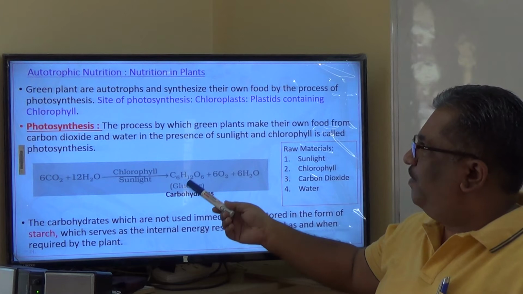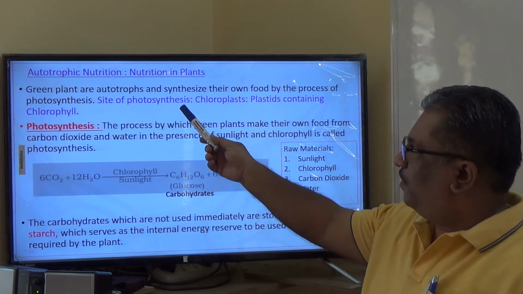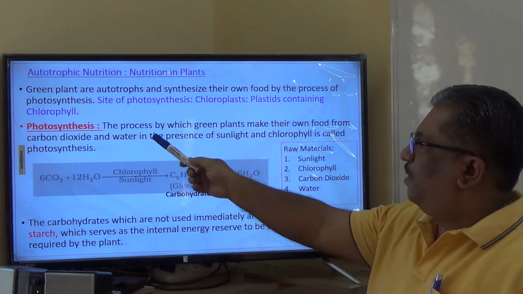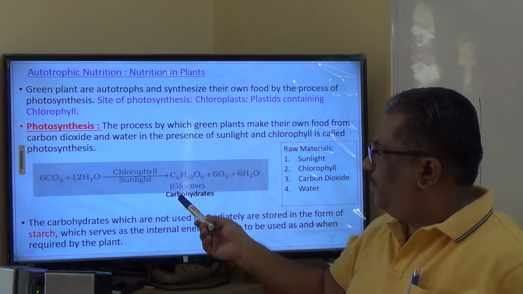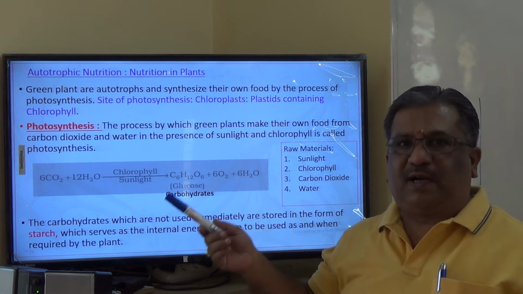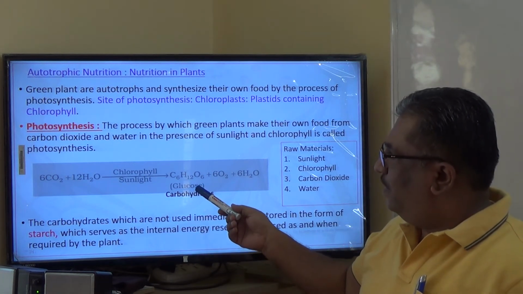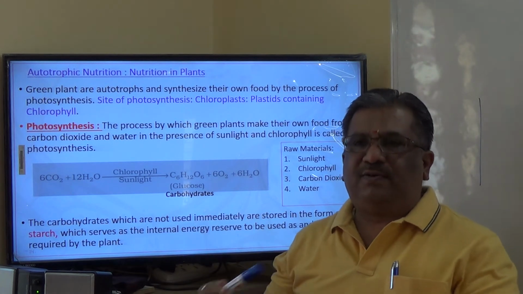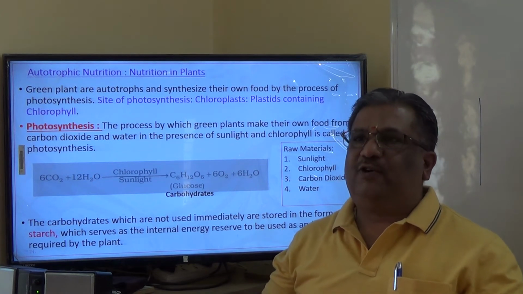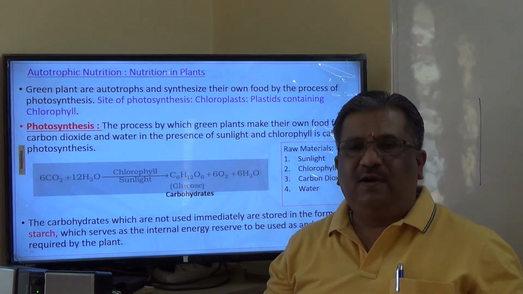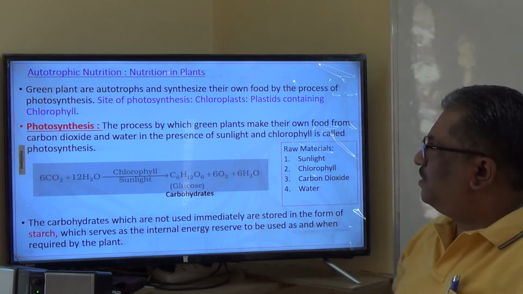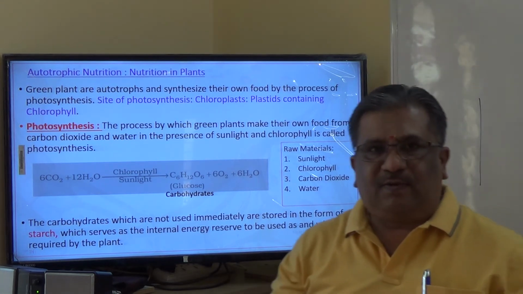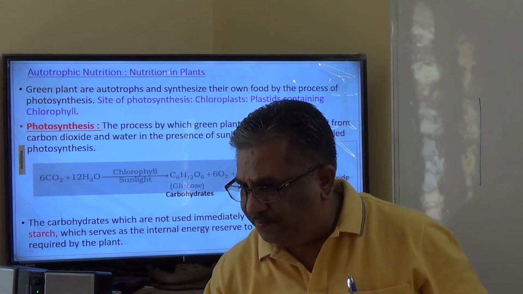The important site of photosynthesis is the chloroplast, and glucose is called a carbohydrate, and if it is not utilized immediately, then it will be stored in the plant as starch, which is a polymeric glucose. And these are the raw materials. Let's go to the next slide.